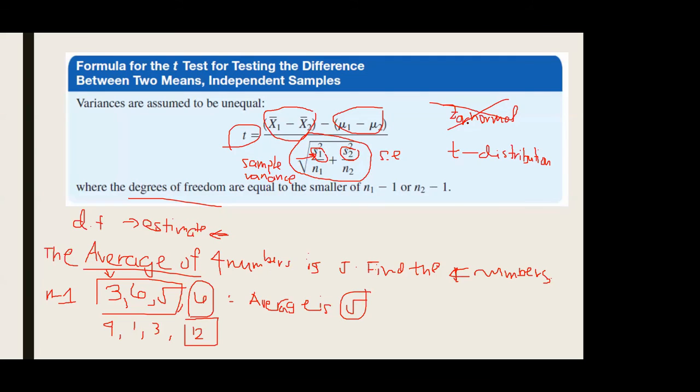So, bakit kailangan ng degree of freedom? Because we are actually just estimating the variance. And the degree of freedom of the variance is n minus 1. Always yan siya. Okay, that's the degree of freedom.